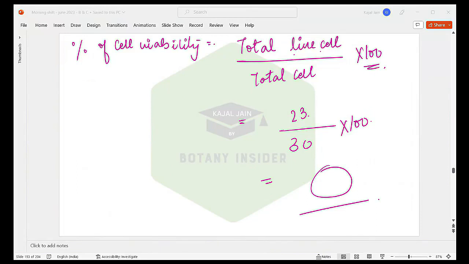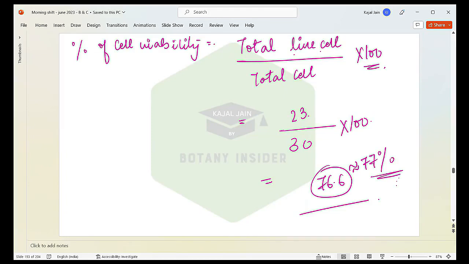Solve it out. Very good. It is 76.6, which is approximately 77 percent.